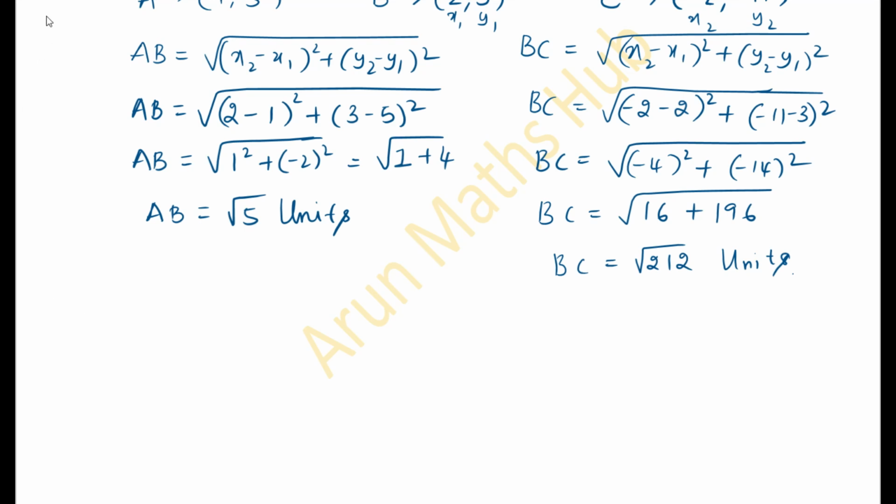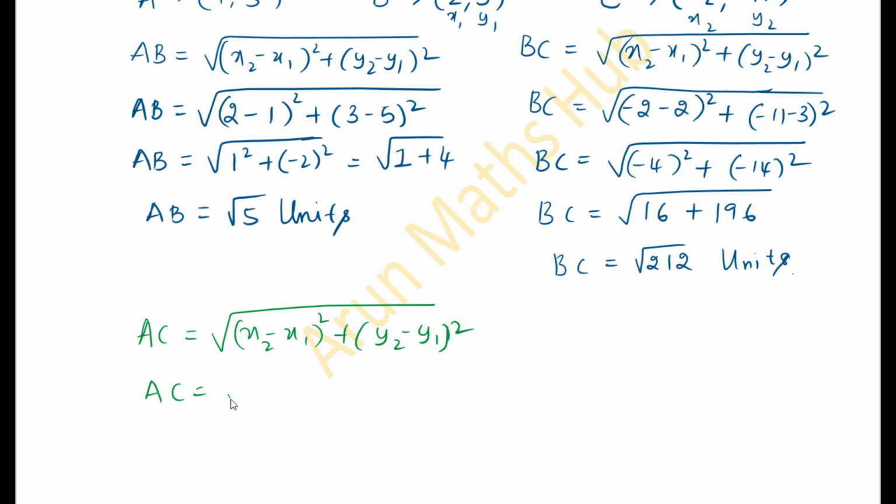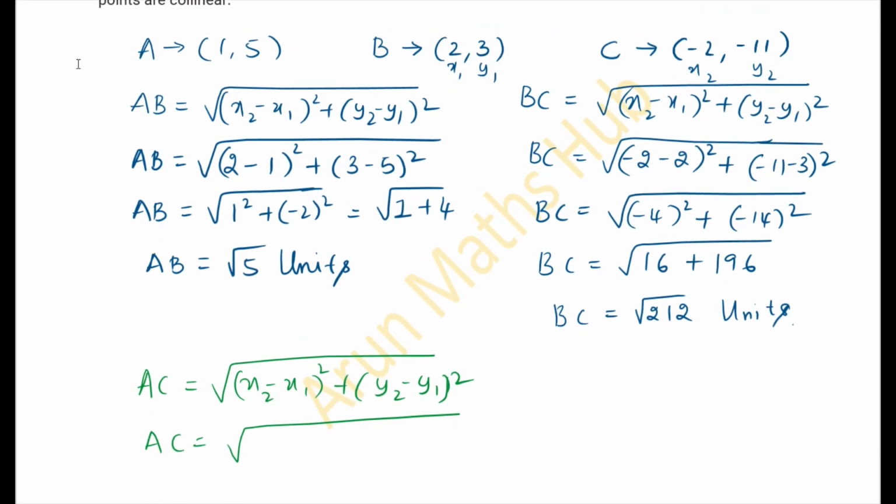Now find out the length AC. AC equals, again by using the distance formula, (x2 minus x1) the whole square plus (y2 minus y1) the whole square. Now consider the point A as x1, y1 and C as x2, y2.